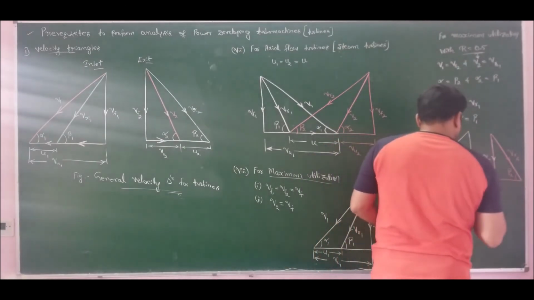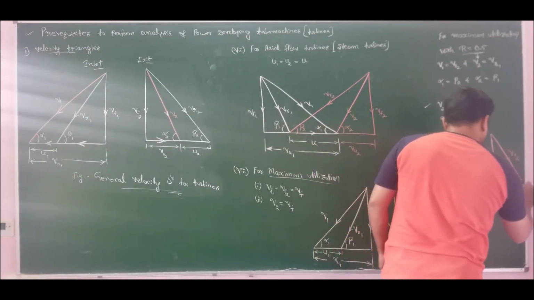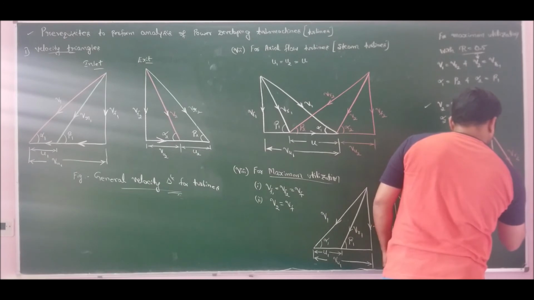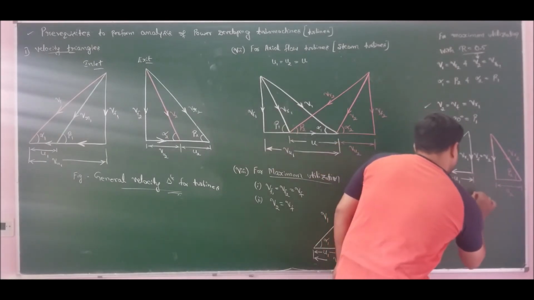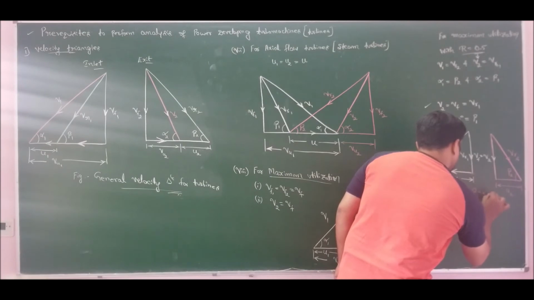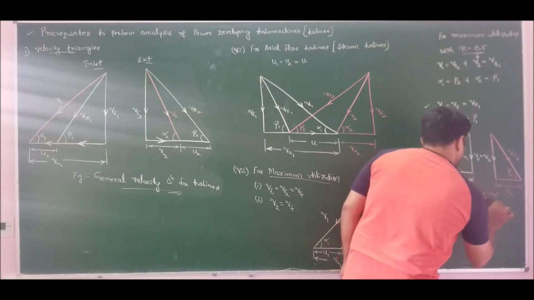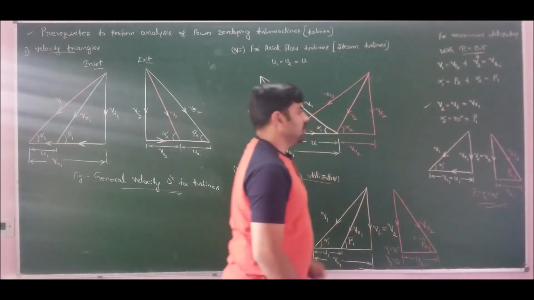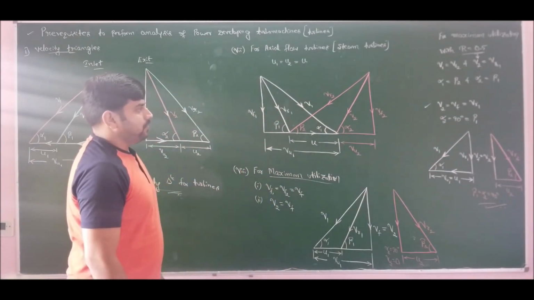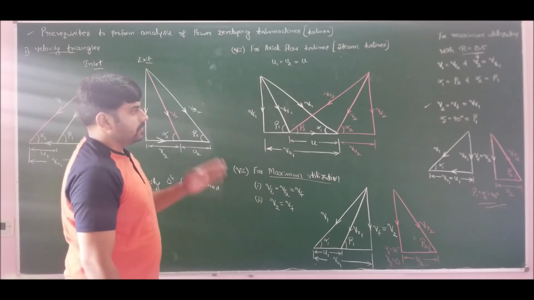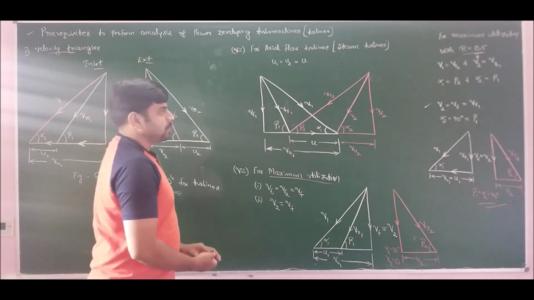And here the base will be U2 only. So if you observe, we have beta 1 is equal to alpha 2, which is equal to 90 degrees. So this is the velocity triangle for maximum utilization with R equal to 50% or 0.5, which is very important to solve problems.